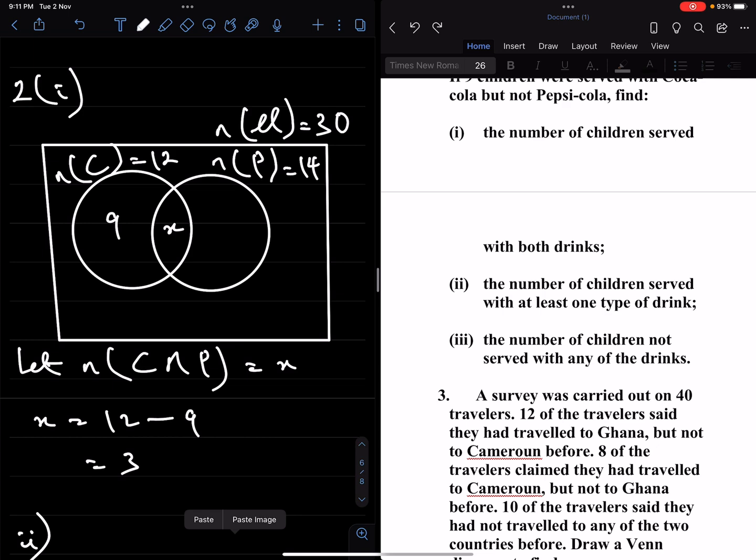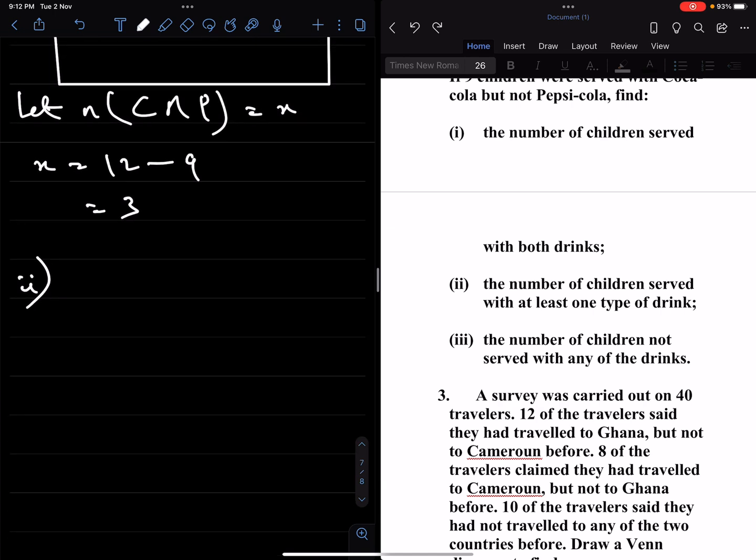That means the number of children served with only Coke, plus those served with both Coke and Pepsi, plus those served with only Pepsi. So that's the total number of children who were served with drinks, whether only Coke, both Coke and Pepsi, or only Pepsi.